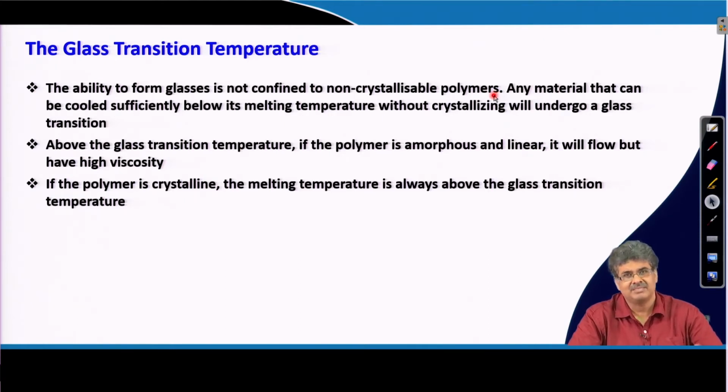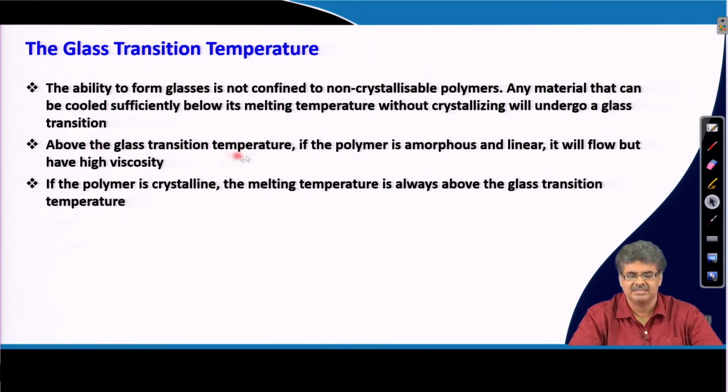They are not polymeric, but they are semi-ceramic glasses. Basically any material that can be cooled sufficiently below its melting temperature without crystallizing will undergo a glass transition temperature eventually.